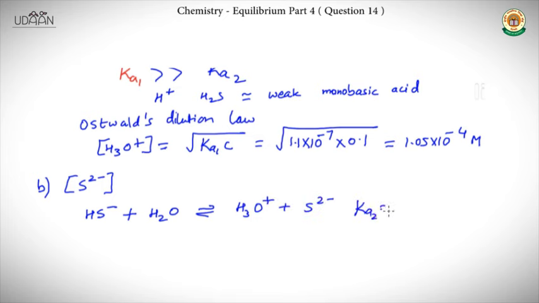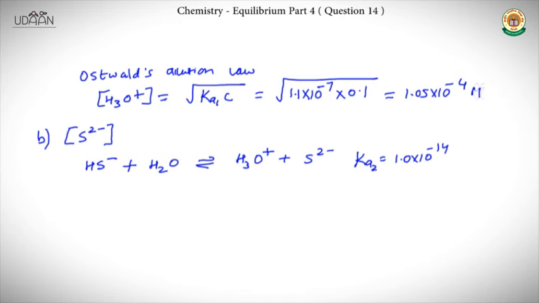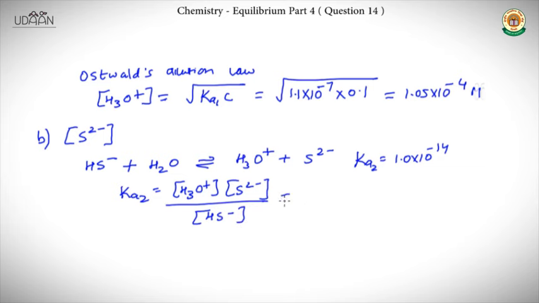The Ka2 is 1 into 10 raised to the power minus 14. Okay, right. So I can write the expression for Ka2, which will be H3O plus into S2 minus upon concentration of HS minus. Now, this I know is 1.0 into 10 raised to the power minus 14.